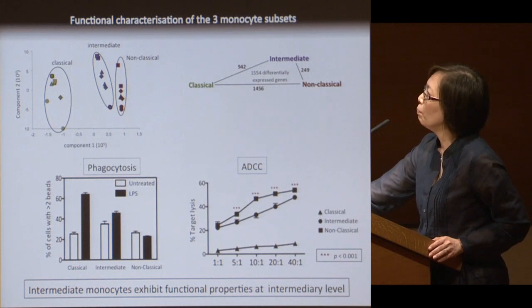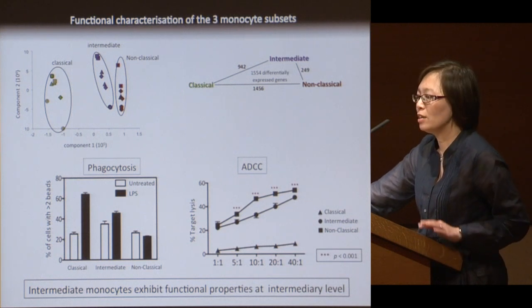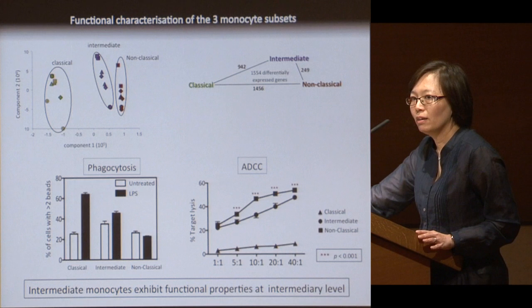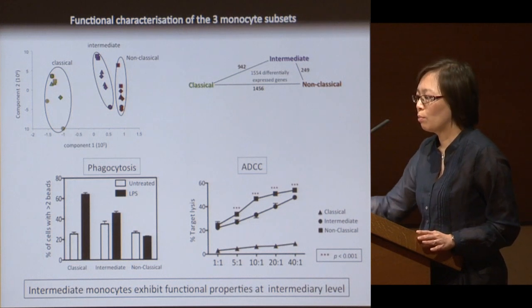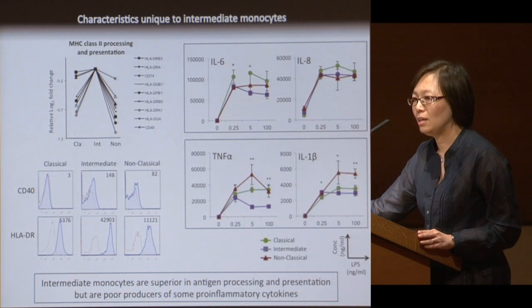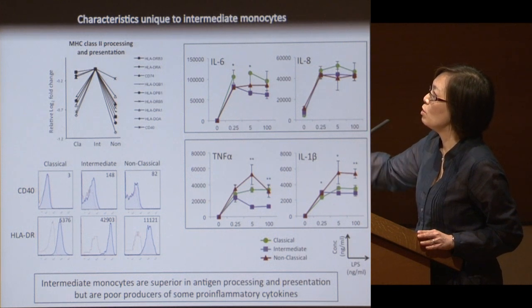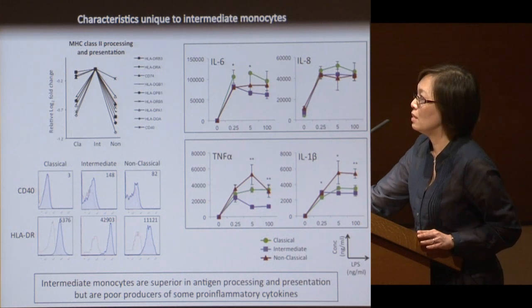However, from all this data, it seems to show that the intermediate population has a transitional property. But in fact, this is not really the case, because from our array, we also notice that there are genes most highly expressed specifically in the intermediate, particularly genes related to MHC class 2 processing and presentation.